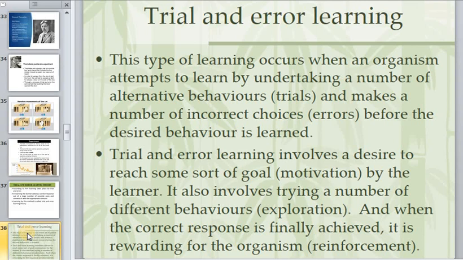Trial and error learning involves a desire to reach some sort of goal, motivation, by the learner. It also involves trying a number of different behaviors, and then the correct response is finally achieved. It is rewarding for the organism, reinforcement.